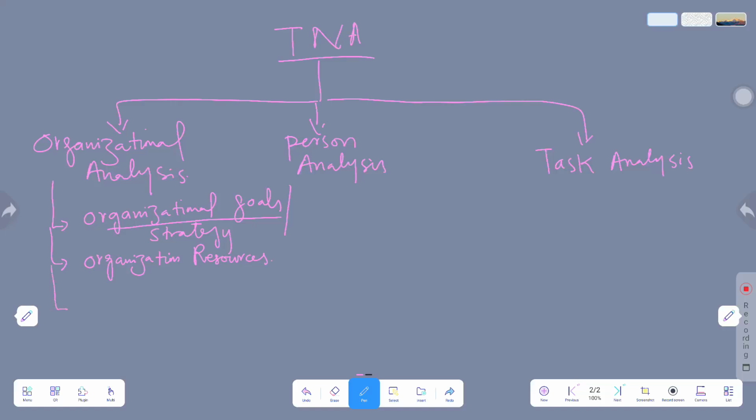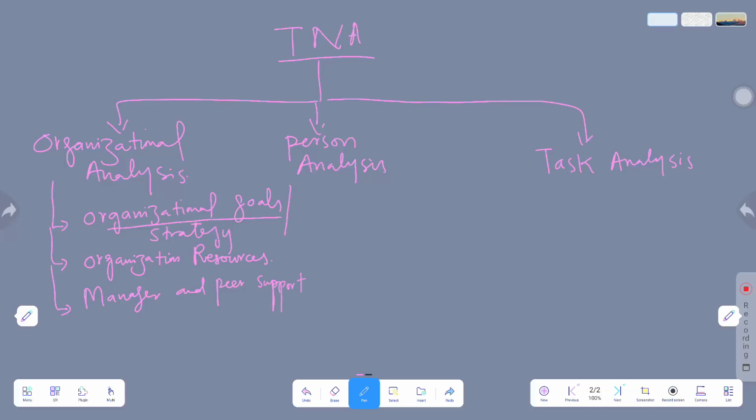Third, we conduct an assessment of manager and peer support.